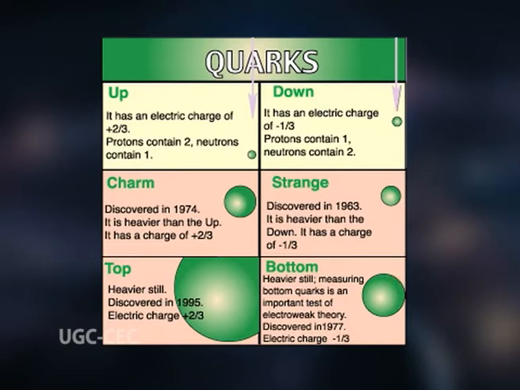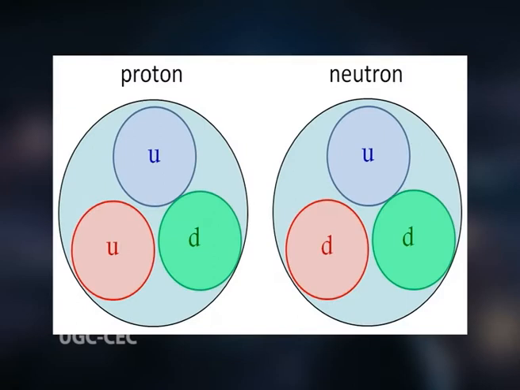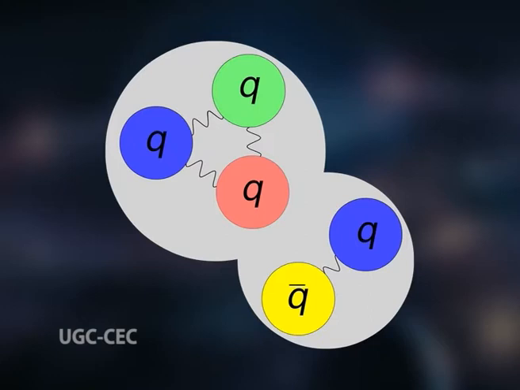The quarks found in ordinary matter are the up and down quarks, from which protons and neutrons are made. A proton, for instance, consists of 2 up quarks and a down quark, and a neutron consists of 2 down quarks and an up quark. The pentaquark consists of 2 up quarks, 2 down quarks, and the strange antiquark.